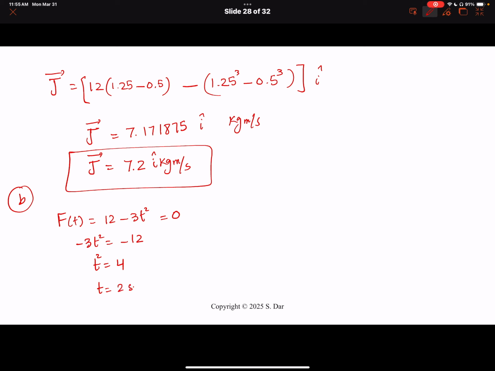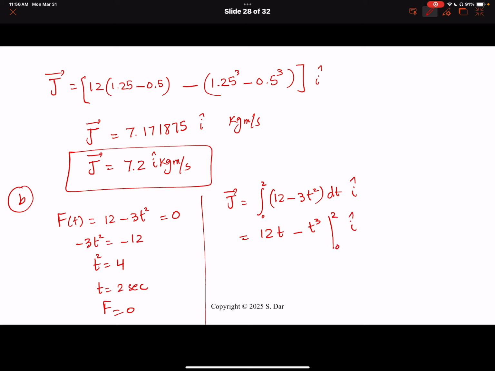So when t is equal to 2 seconds, force is equal to 0, which means now they want you to calculate impulse, but the limits of integration have to be 0 to 2. The integral of 12 minus 3t squared dt i hat gives 12t minus t cubed from 0 to 2, i hat.